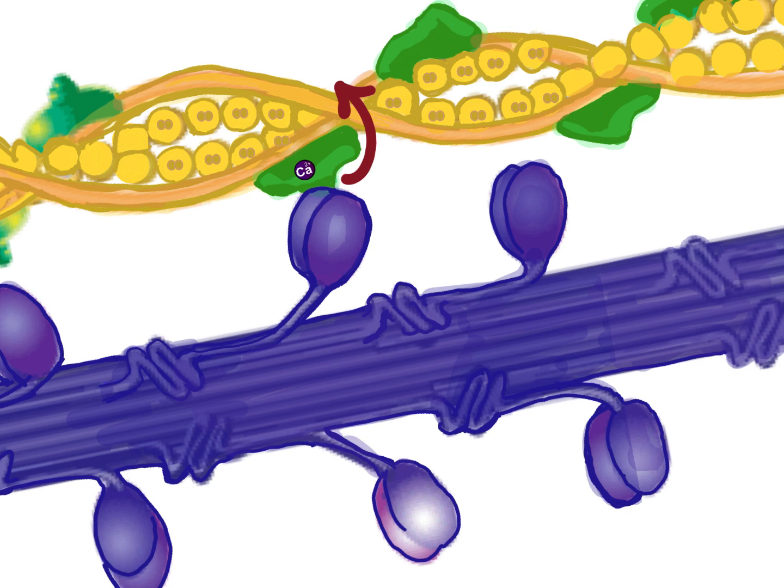Okay, so troponin means turn. In the presence of calcium ions, the troponin will move and turn, and what that does is it slides the tropomyosin out of the way, and it will expose the actin-myosin binding site.